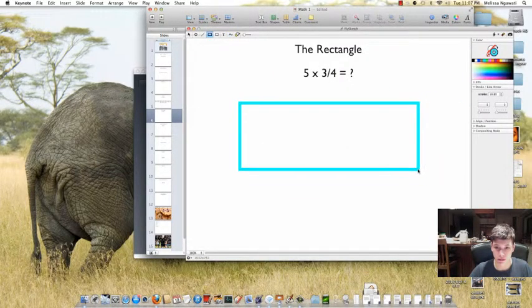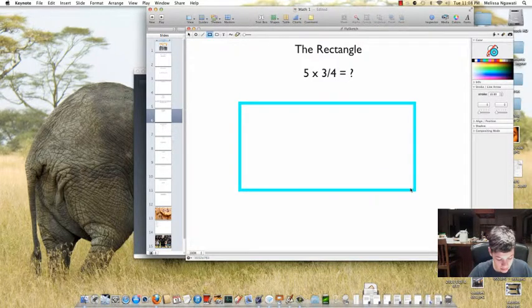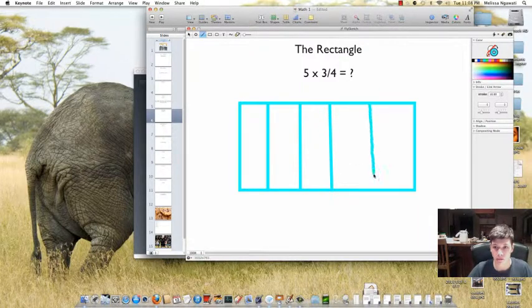We'll draw a rectangle that has a base of 5 units wide: 1, 2, 3, 4, 5, and has a height of 1.